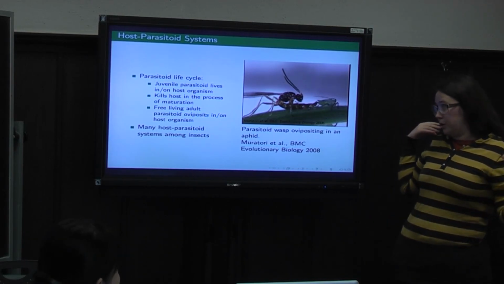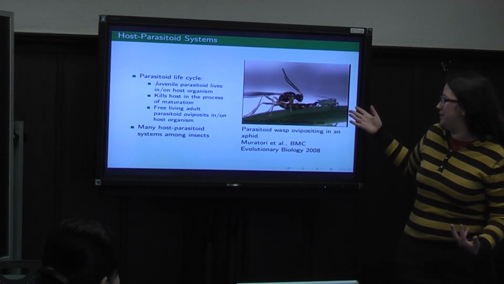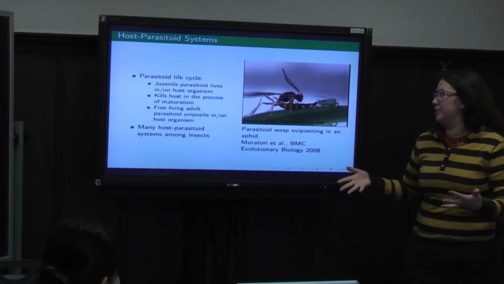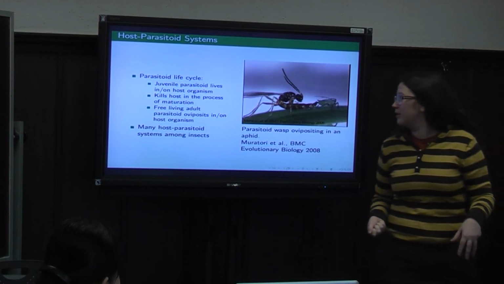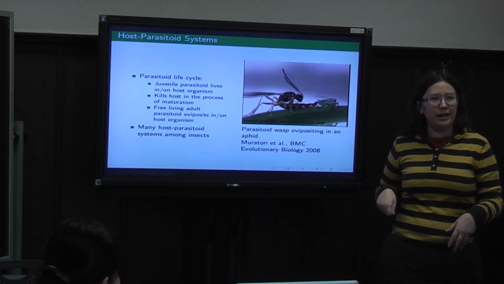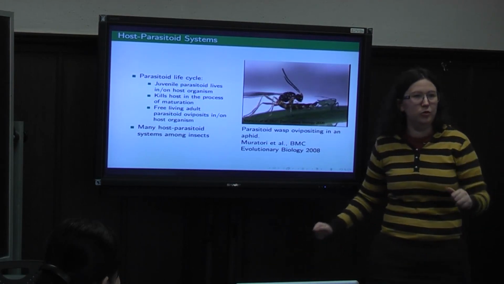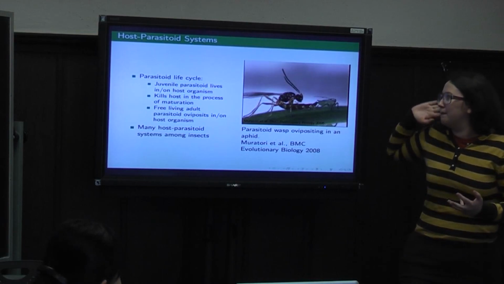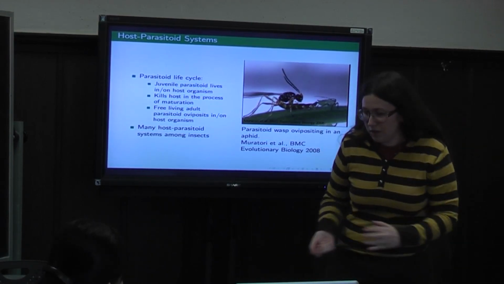One thing that we see a lot are parasitoid wasps. This is a picture of a parasitoid wasp in the process of ovipositing in this aphid here. If you see these guys flying around, you can usually notice them by a pretty long, noticeable ovipositor. You might have seen those flying around just out in the wild.